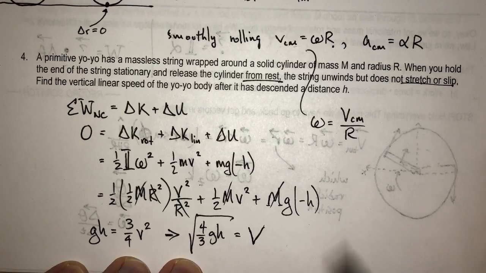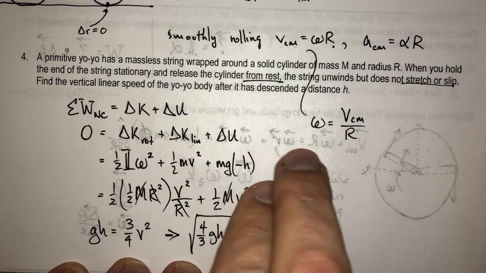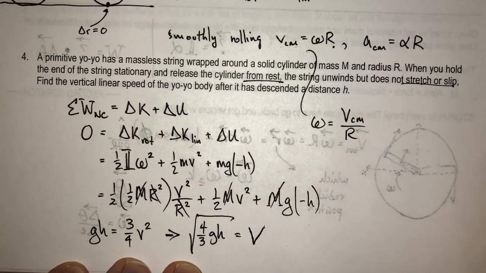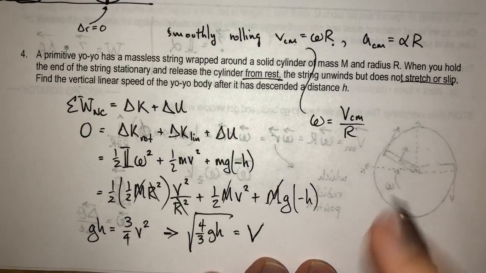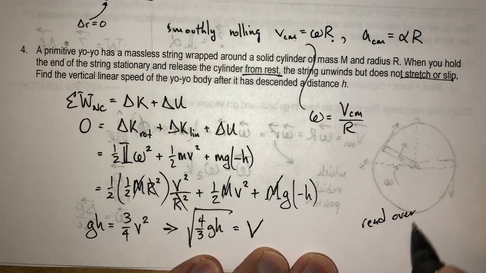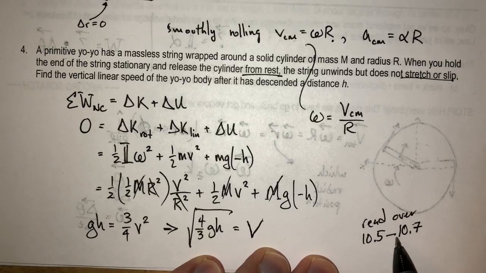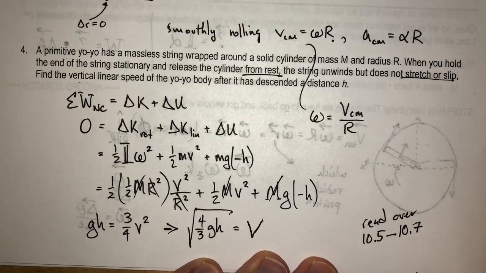Once you're done, also check out that formula sheet that I'm going to post that goes through linear, rotation, and rolling. And then on your own, read over sections 10.5 to 10.7. 10.5 and 10.6 are about angular momentum, which goes very much like we expect it to.